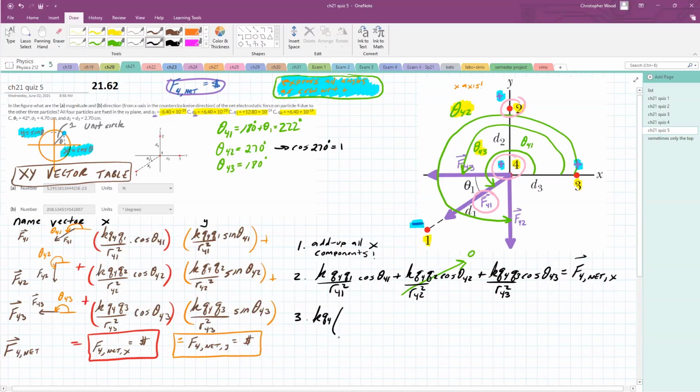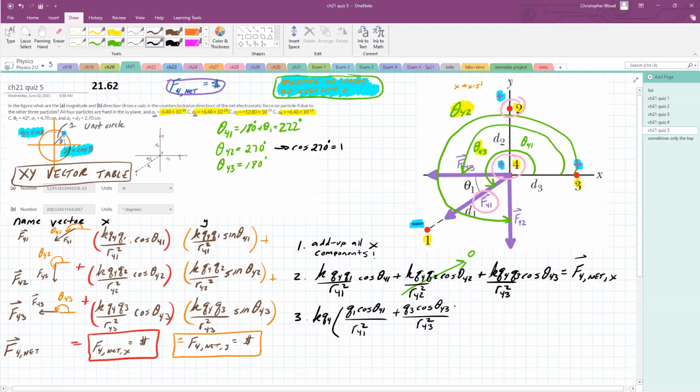If I pull out that common factor, I have k q4, and then what's left behind? q1 cosine of theta 41 all over r41 squared, plus q3 cosine of theta 43, which I know equals -1, but that's fine, over r43 squared.